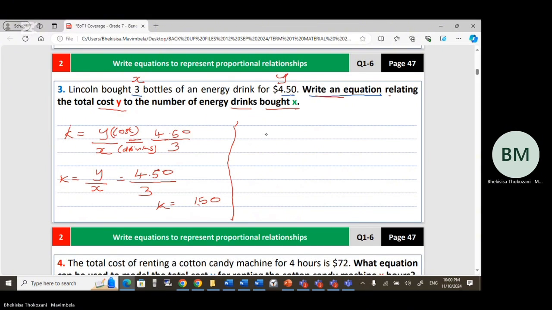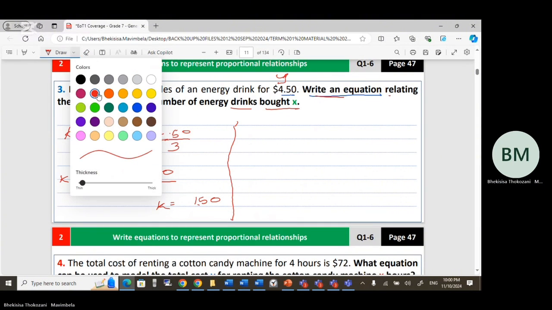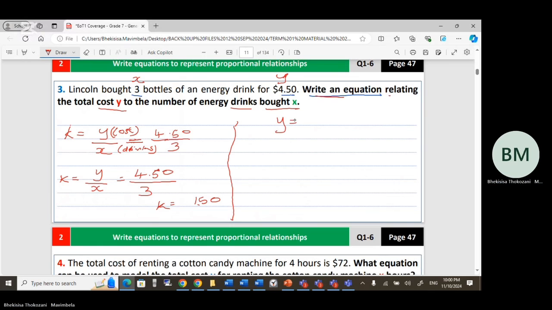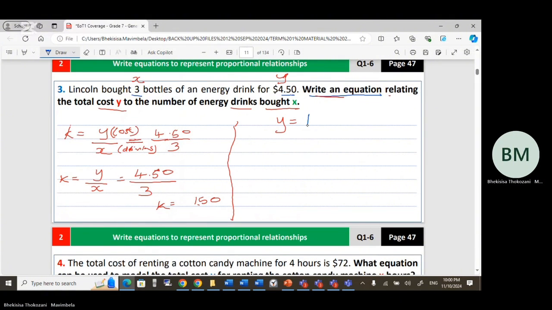Remember, we spoke about this one here, whereby we say that if I want now to find the equation, I have to say y equal to, this is the formula now to find the equation, kx.